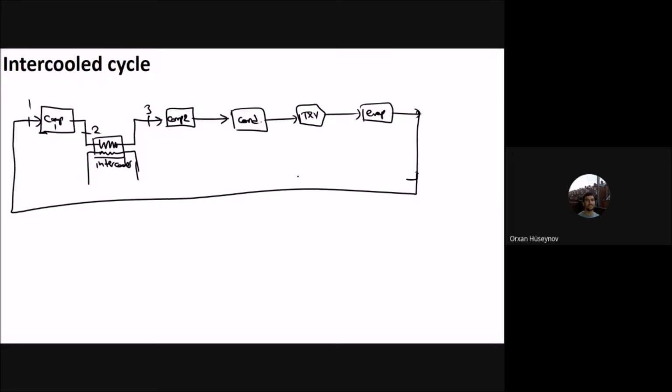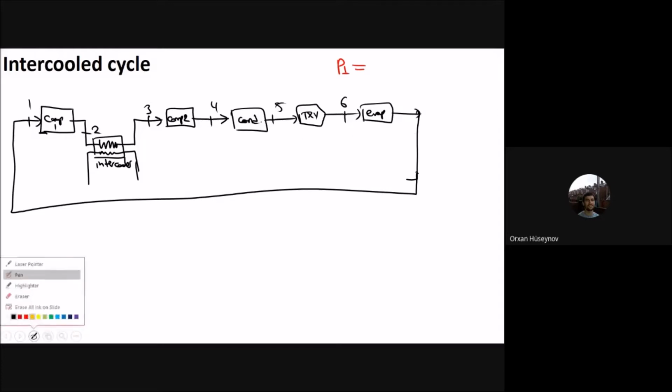Okay. Let me just put some numbers here. So 1, 3, 4, you have 5, 6, and then you have the same as 1.